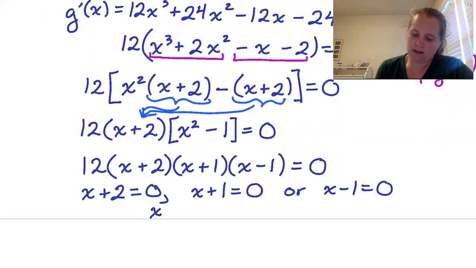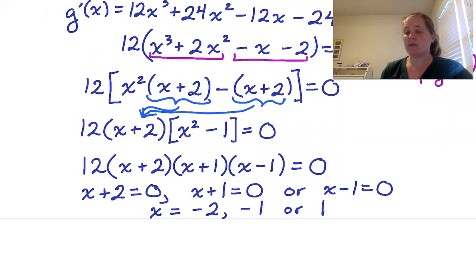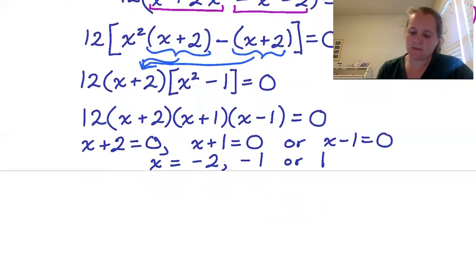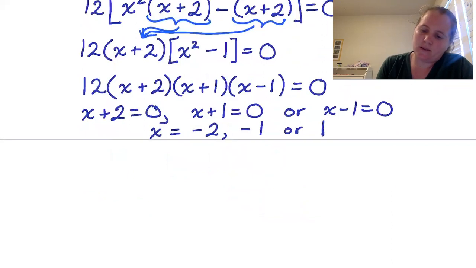And therefore we get that x is -2, -1, or 1. So these are our critical values, our points of interest. So now we're going to run steps 2 through 5, essentially.